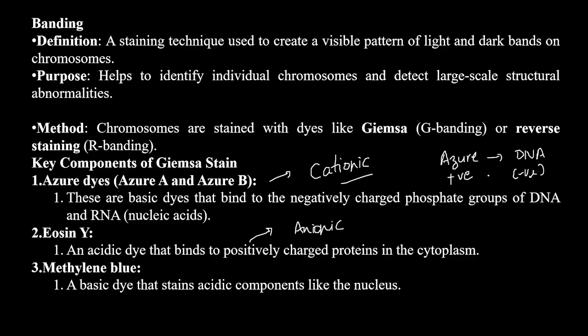Now eosin Y, because it is again a negatively charged dye, since this is an anionic dye, this dye will bind to this complex of azure and DNA. So this whole thing forms a complex of eosin Y, azure dye, and the DNA.